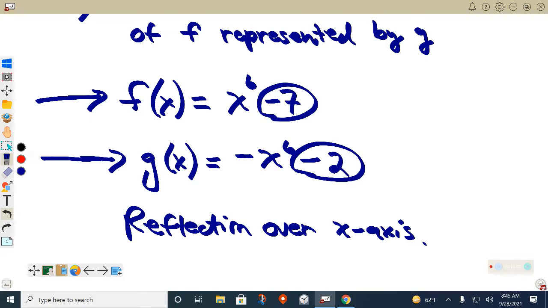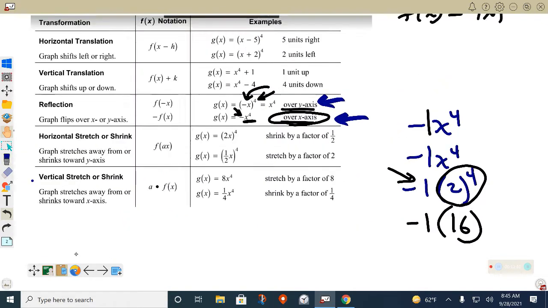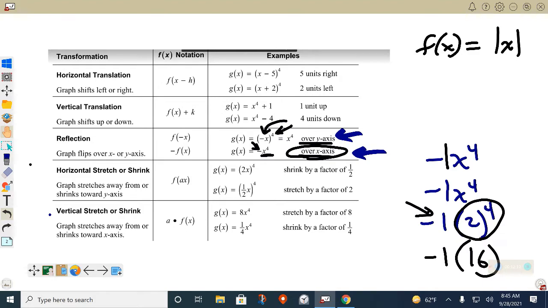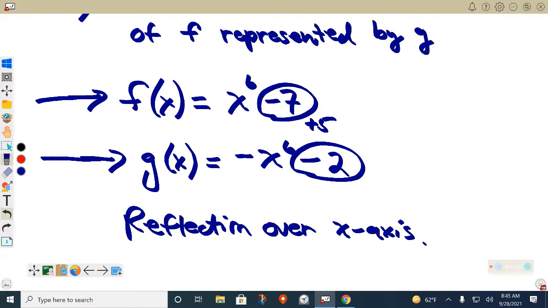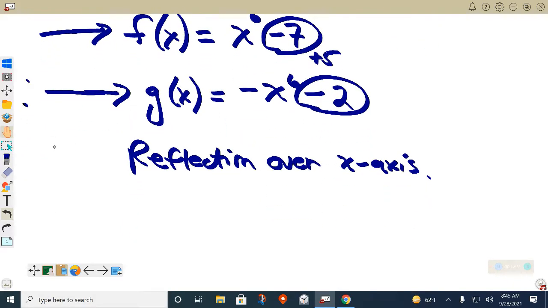Up 5 units. In other words, to get from -7 to -2, you had to add 5. So if we're adding 5, then definitely that's going to be a vertical shift 5 units up, because notice we're adding something here.